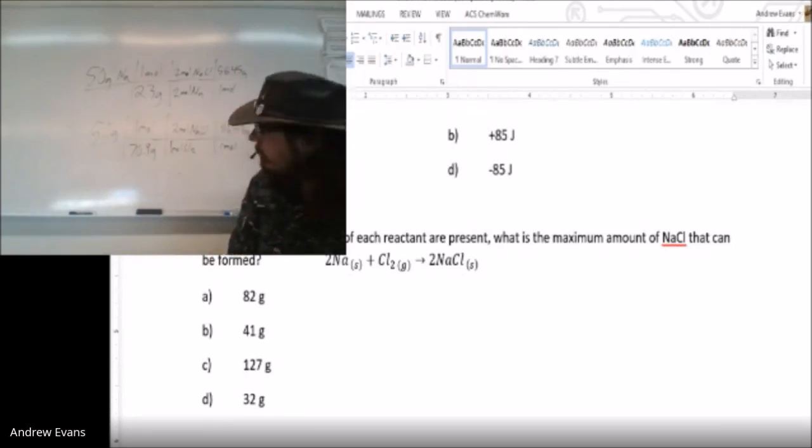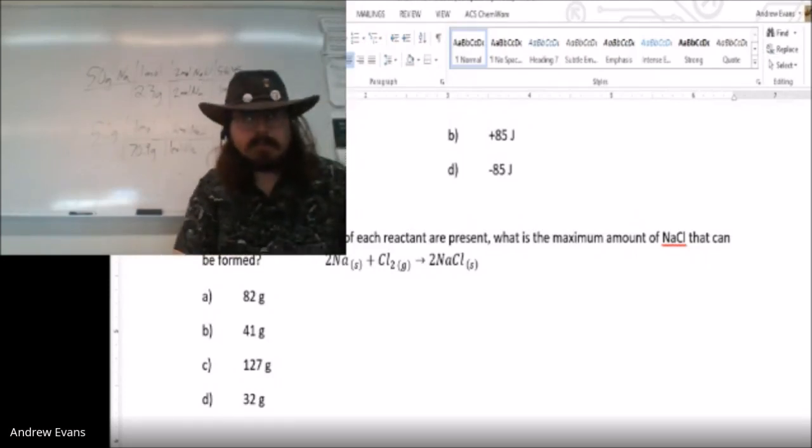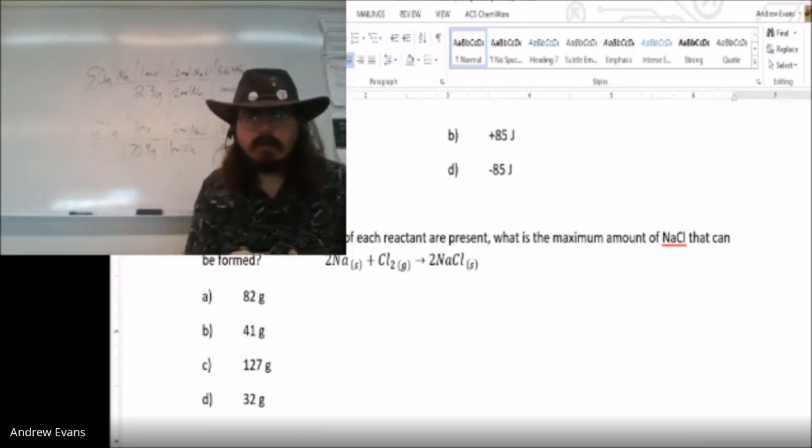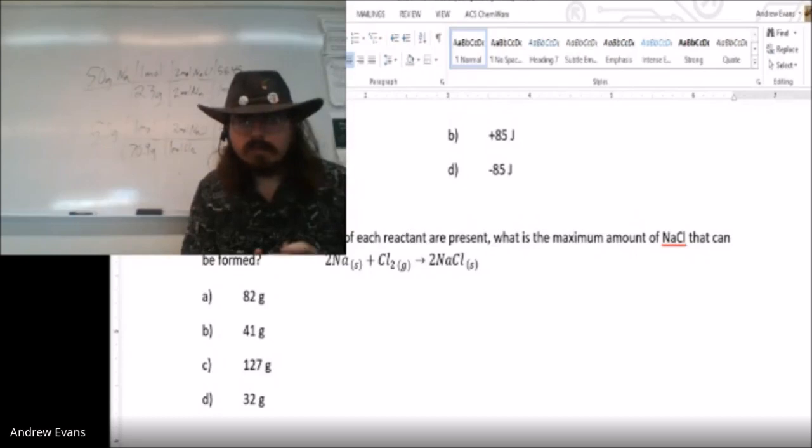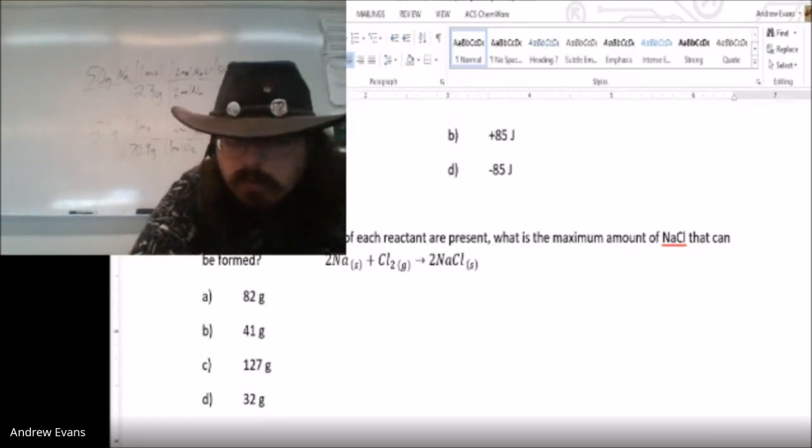But if all of the chlorine were to react, we could only get 82 grams. So with that in mind, we choose the lesser of the two numbers. So the correct answer is 82 grams.